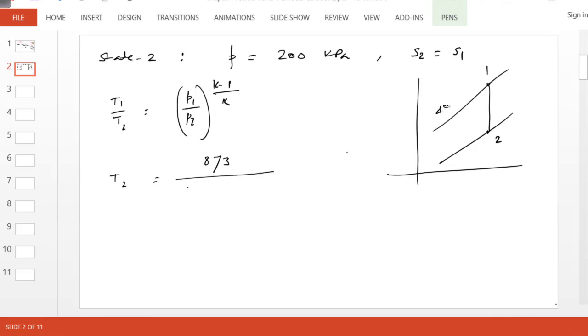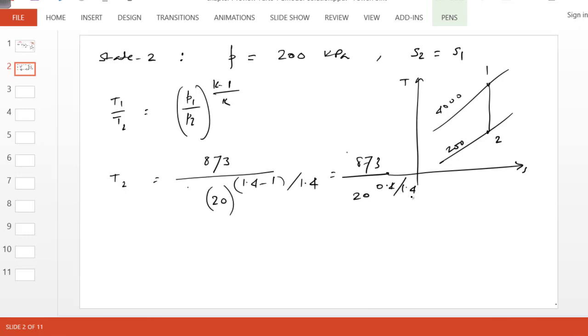If you recall, this is 4000 and this is 200. So their ratio is 20 to the power, and the k value is well known. So it's 873 divided by 20 to the 0.4 over 1.4.